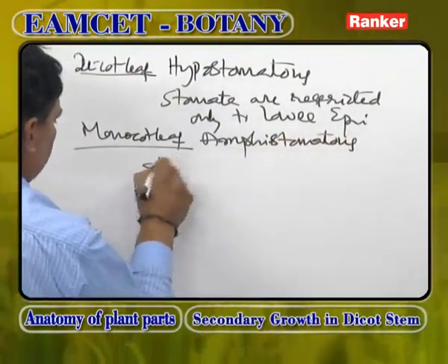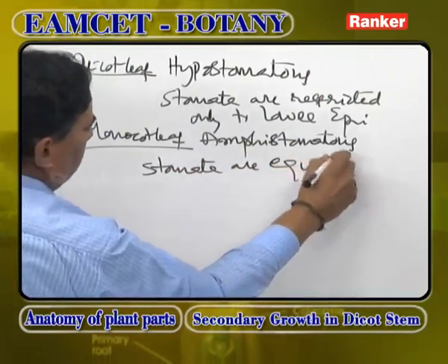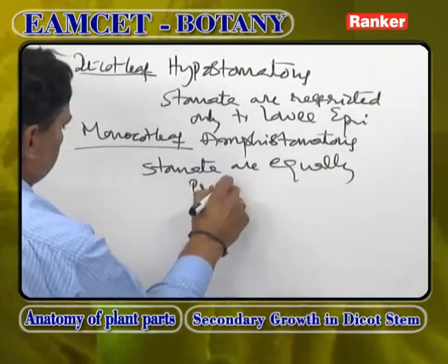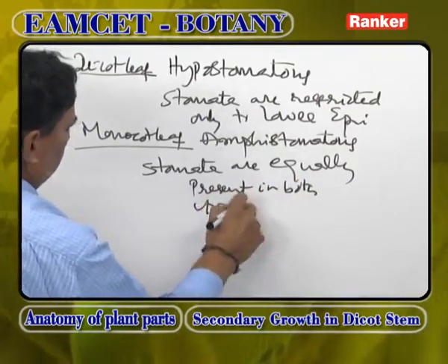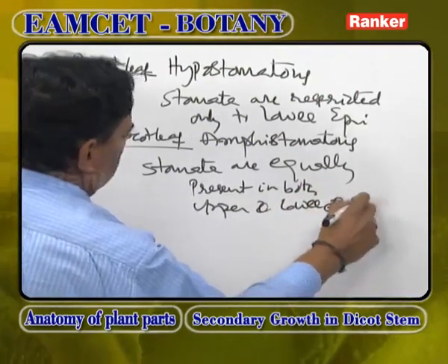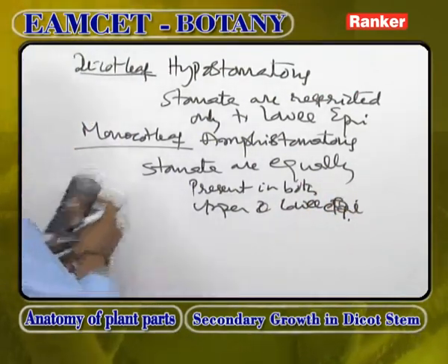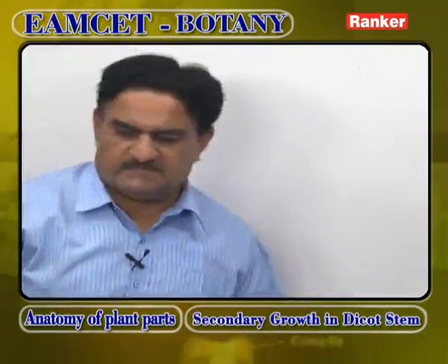That means stomata are equally present in both upper and lower epidermis. So, hypostomatous condition is found in dicot leaf. Amphistomatous condition is found in monocot leaf.